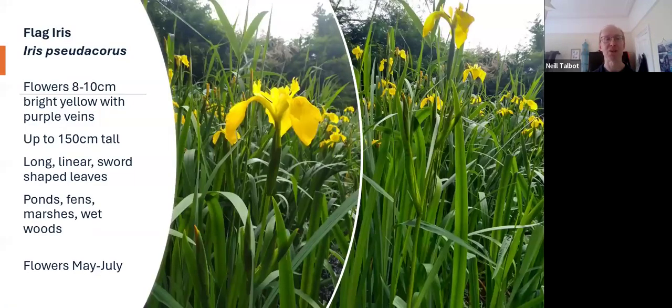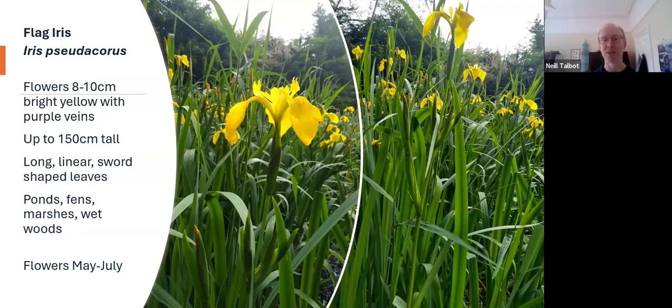Right, one of the things I was going to mention earlier that I forgot to say was that the majority of the plants in this talk are what's known as dicotyledons. So they have two seed leaves, and they have a network of veins and quite broad or lobed leaves. But some of the species I'm going to talk about today are monocotyledons, which are plants that have one seed leaf.